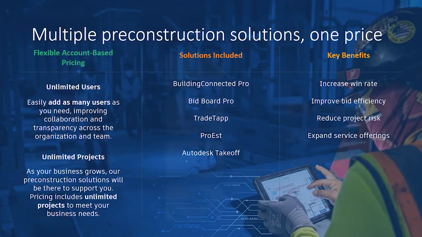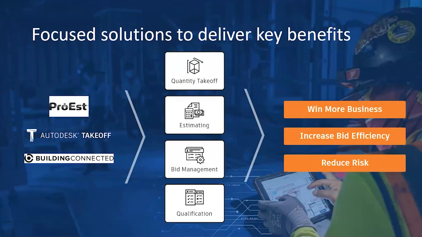So now let's talk a little bit about how these focused solutions deliver key benefits here. On the left-hand side here, we see the different products that are included in the bundled package: ProEst, Autodesk Takeoff, and Building Connected. Building Connected is made up of TradeTap as well as Building Connected Pro. But where this all really starts is with the Autodesk Takeoff product.